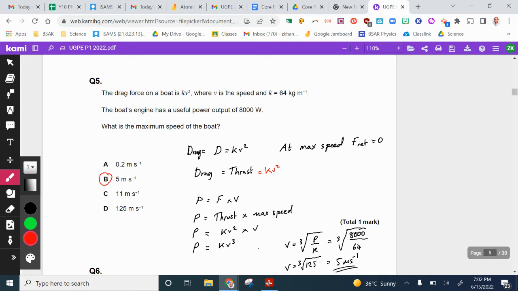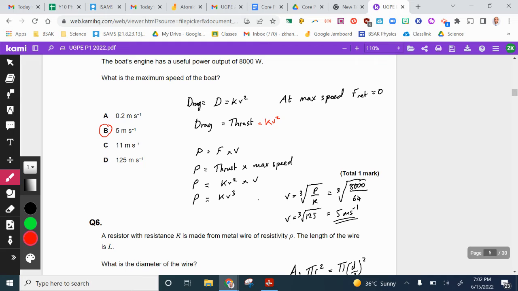The thrust is equal to kv squared times speed, which is the same v that we are looking for. That'll be kv cubed, equal to the power. We've got the power and we've got k, so all we do is rearrange and cube root power over k, which is 8,000 over 64. That's 125. Cube root that, and that's 5 meters per second.